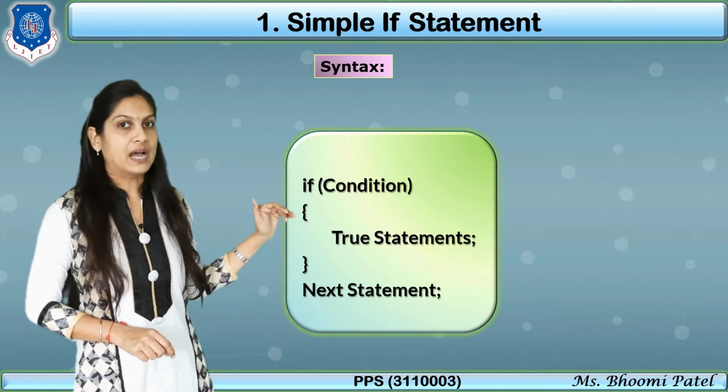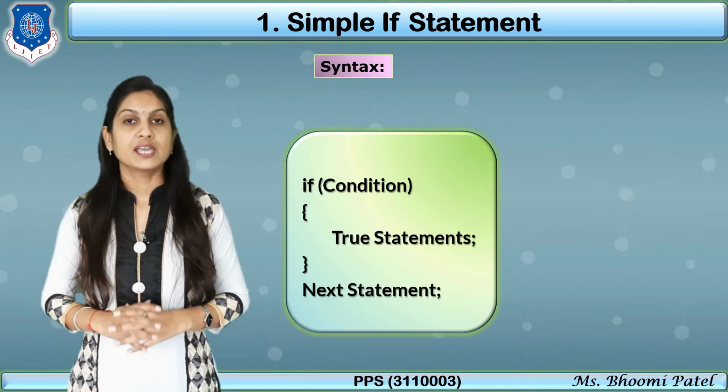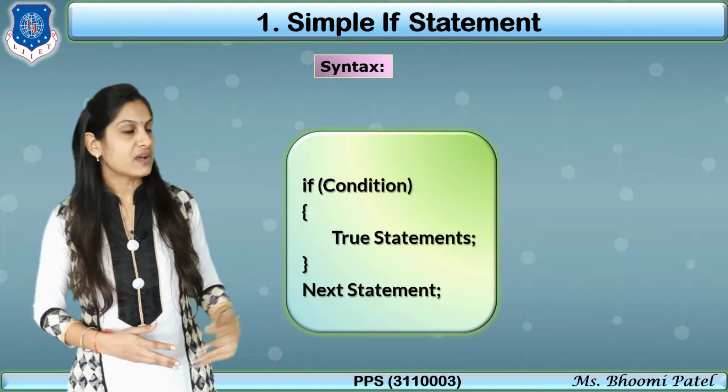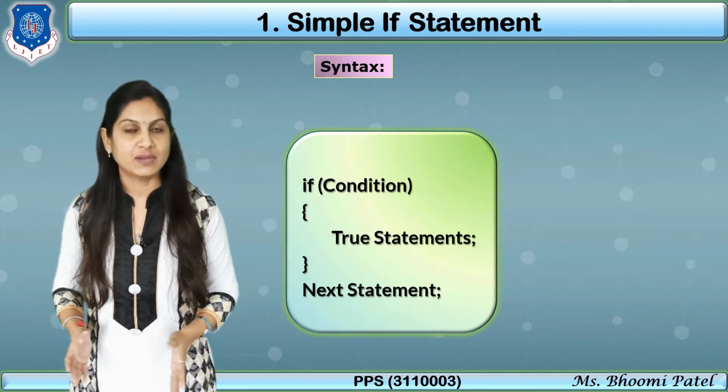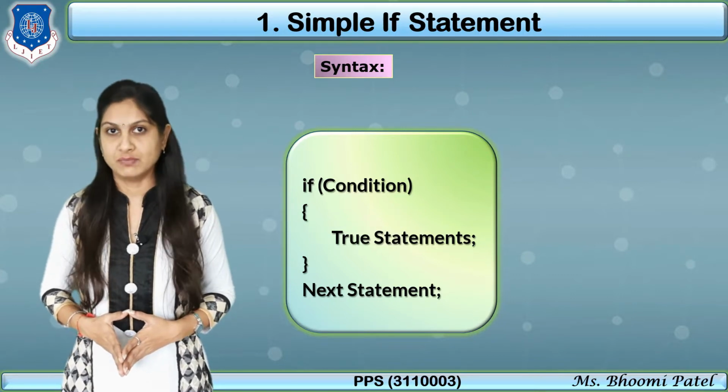And in curly brackets you write the true statements. If our condition is true, then we execute the true statements, otherwise we move directly to the next statements, that is our remaining logic.